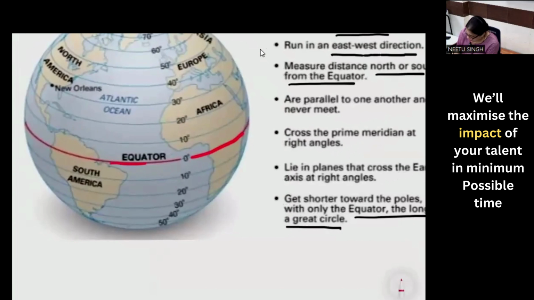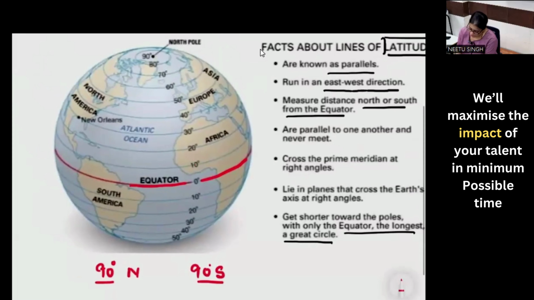These are complete circles that are enveloping our globe, and that is the reason I have 90 degrees of latitude in north and 90 degrees of latitude in south. Equator is dividing my globe into two hemispheres, northern hemisphere and southern hemisphere.